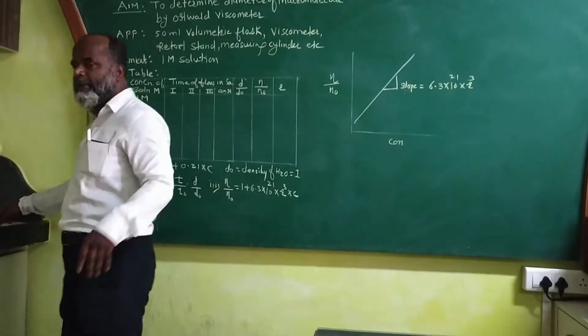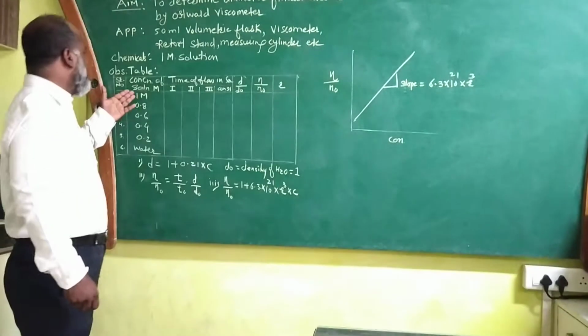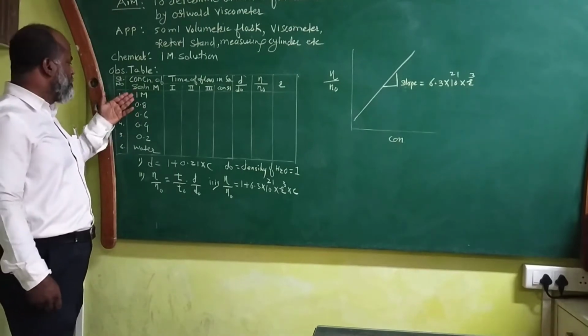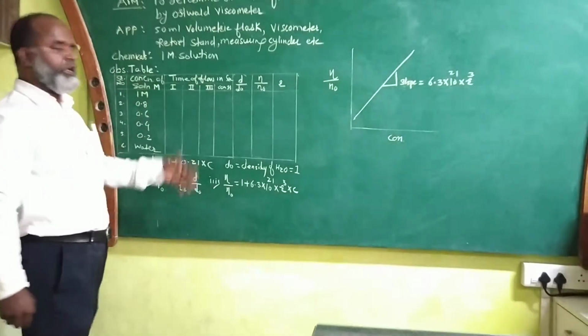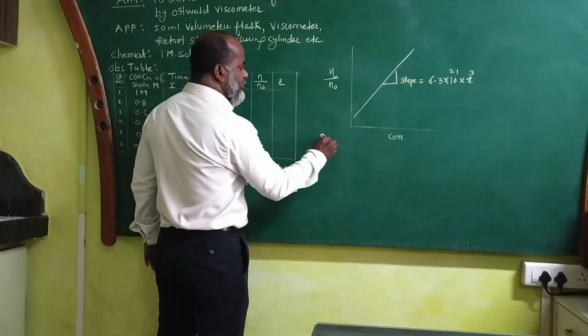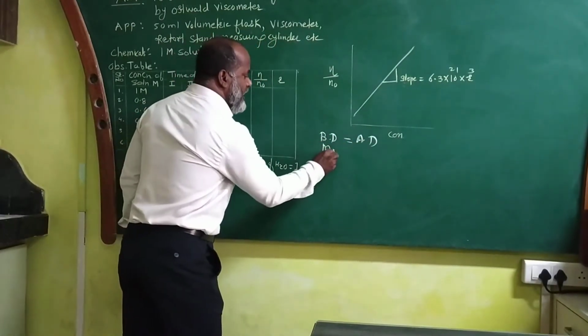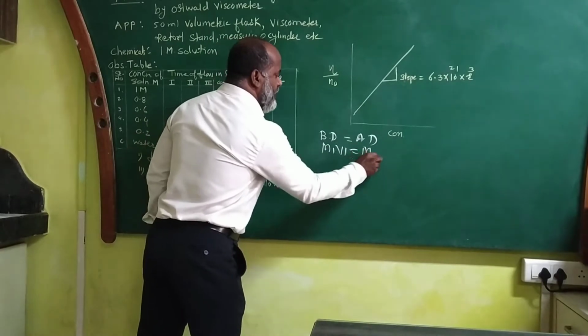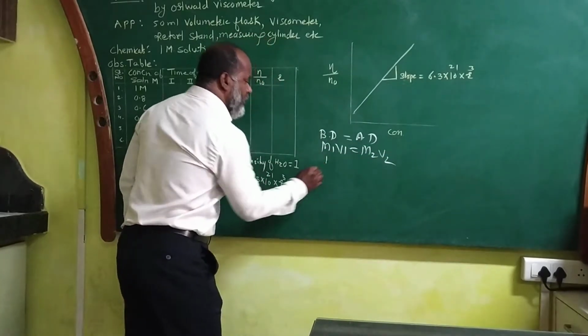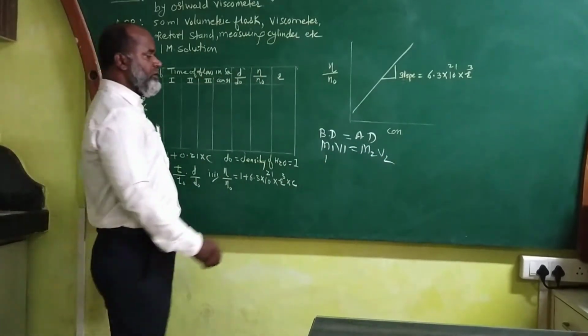Now how do we prepare the 0.8 molar and 0.6 molar solutions from 1 molar with the dilution technique? The formula is: before dilution equals after dilution, M1V1 = M2V2. The concentration of the given solution is 1 molar.